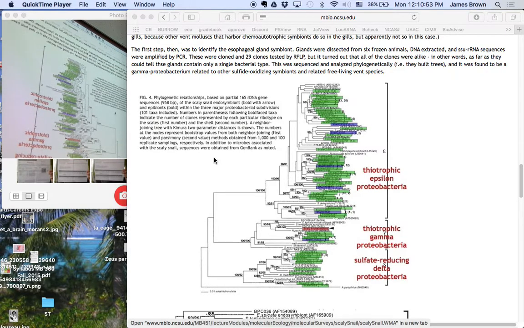Turns out epsilon proteobacteria, I mean, we talked about epsilons a little while ago. The ones you're familiar with are things like Campylobacter and Helicobacter, gut symbionts. It turns out, though, that the sulfur metabolizing epsilon proteobacteria make up a large fraction of the kind of organisms you find on the seafloor.